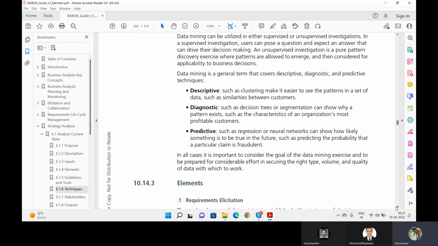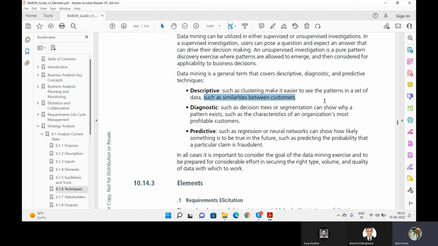Descriptive means such as clustering, making it easier to see the patterns in a set of data, such as similarity between the customers. मतलब जिसको देख के you can see कि कोई description I can formulate from here. If I give you two data sets, by seeing the data sets you can see yes अतुल ये दोनों में similarity है.